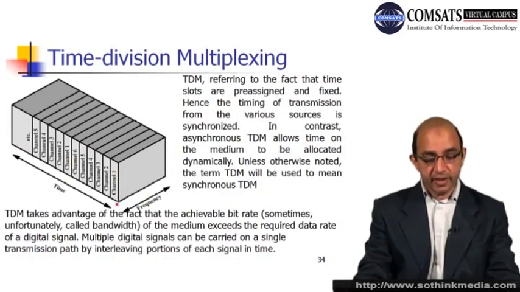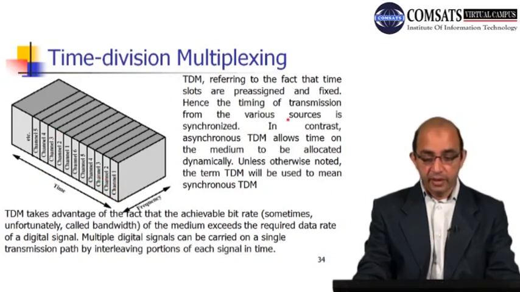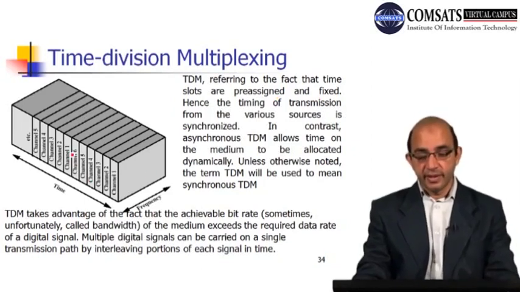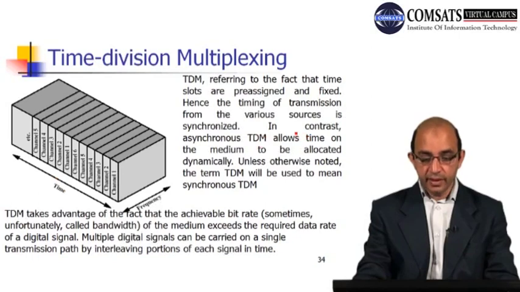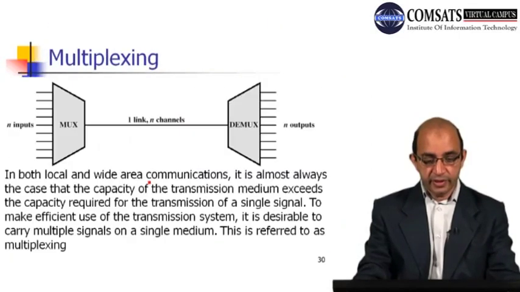This is the time axis, and each channel is allocated a predefined amount of time: channel 1, channel 2, channel 3. Time slots are pre-assigned and fixed, so each channel is assigned a predefined time location. That's why I mentioned that we should have synchronization.